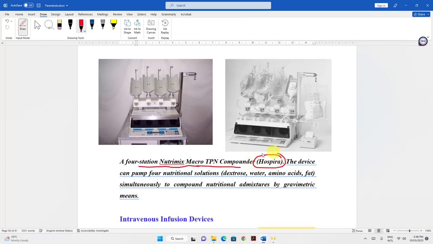Now this company belongs to Pfizer. Pfizer is the largest pharmaceutical company. And you put the different bags, as you see here. You have lipids and maybe fats, carbohydrates, proteins, electrolytes, and all of them get compounded in this total nutritional admixture bag.